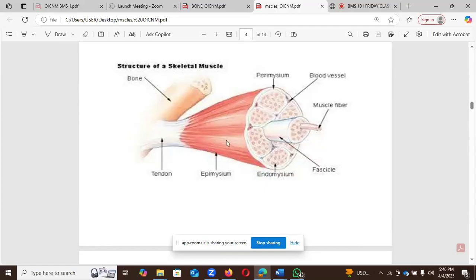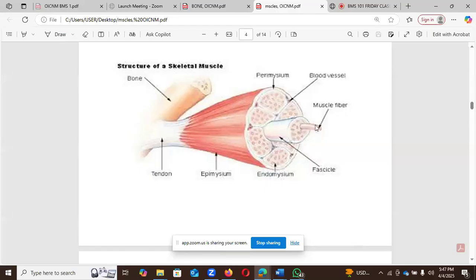The inner layer that covers all the muscle fibers is the perimysium. You have blood vessels. This is the single muscle fiber, which has endomysium. So you have endomysium in the muscle fiber.